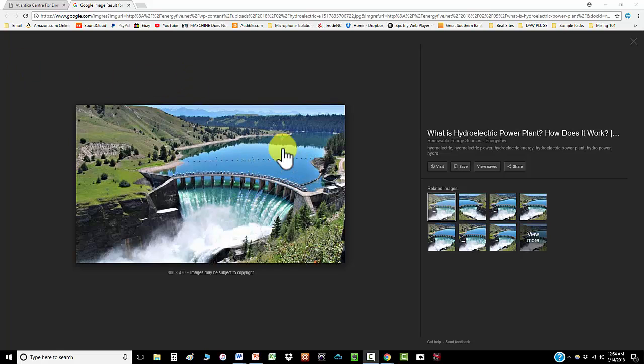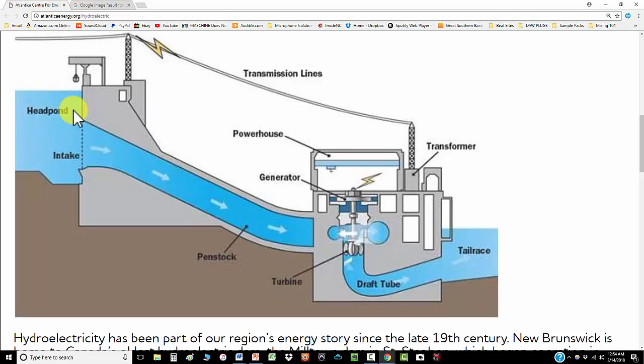That's like what you would see back here. This is essentially pressure being built up. So this water represents a lot of potential energy in the form of pressure, like air inside a balloon. And so here's that pressure.